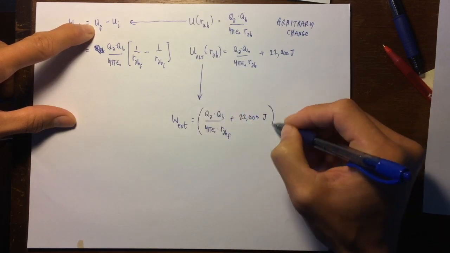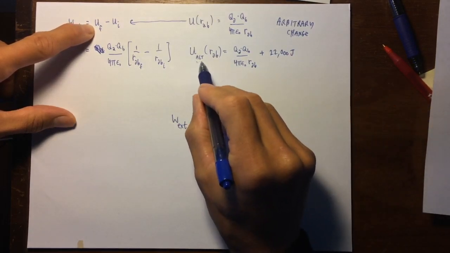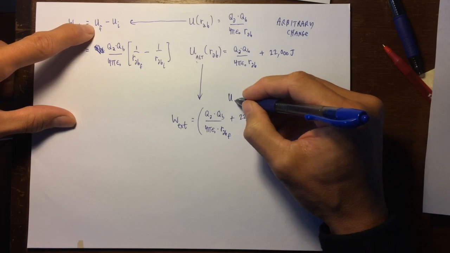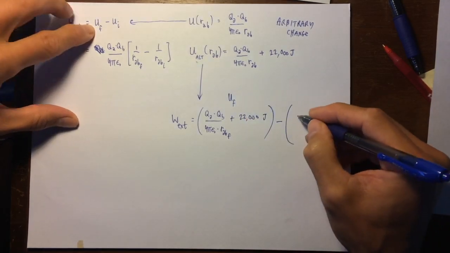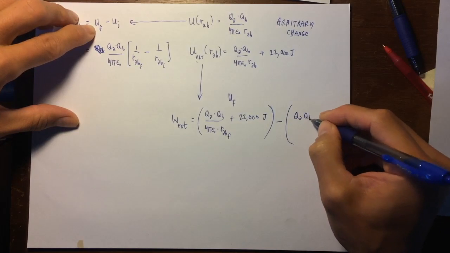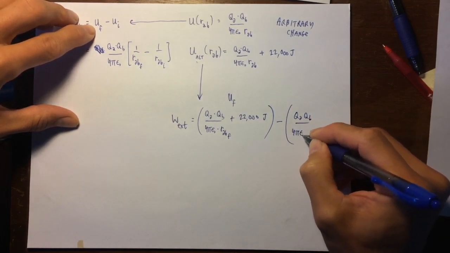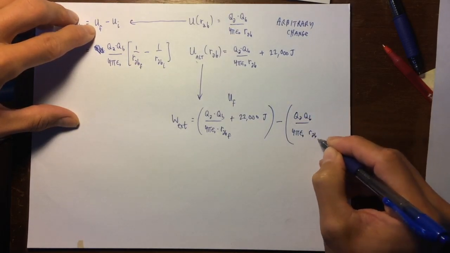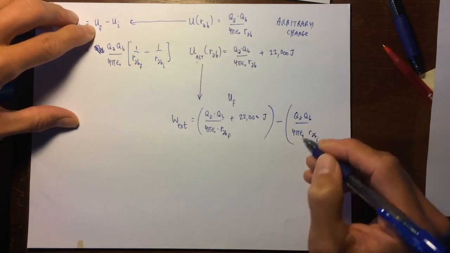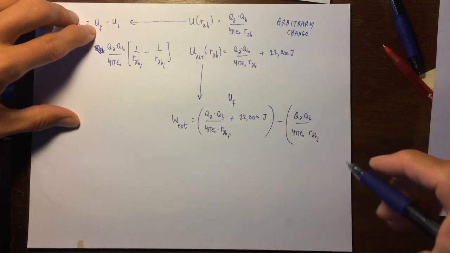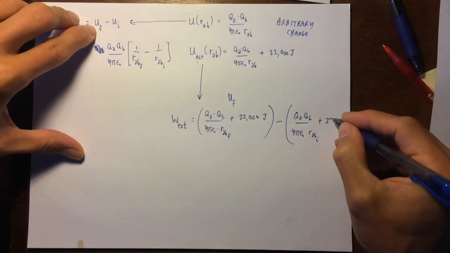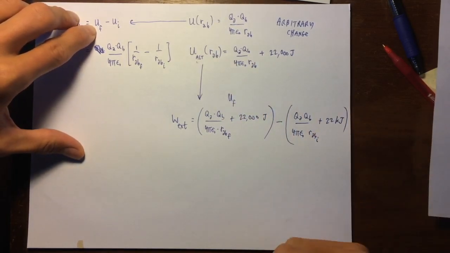So with this alternate definition of the potential energy, this is UF, and I've got to subtract off UI. So UI is QA, QB, over 4 pi epsilon naught, RAB initial. And when I calculate for the initial separation distance, I still have to add on this arbitrary 22 kilojoules.